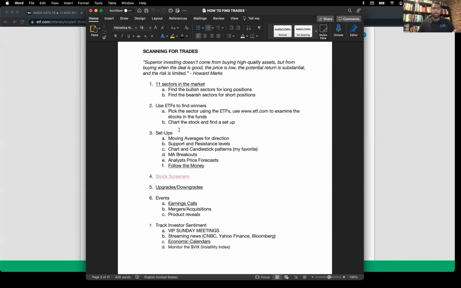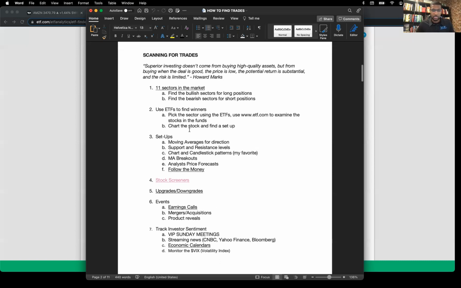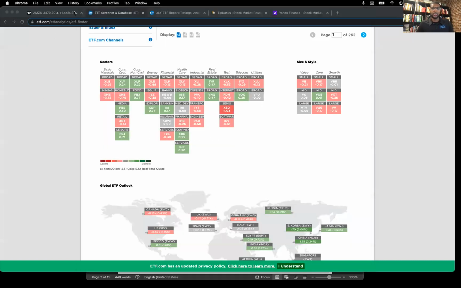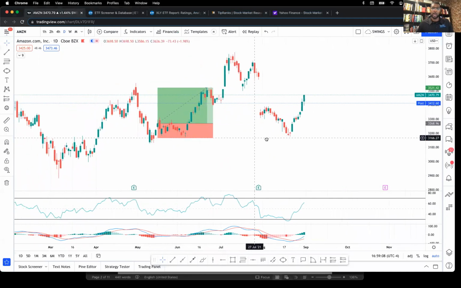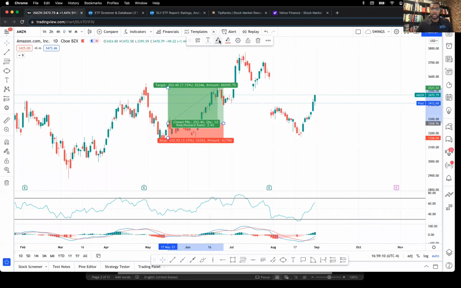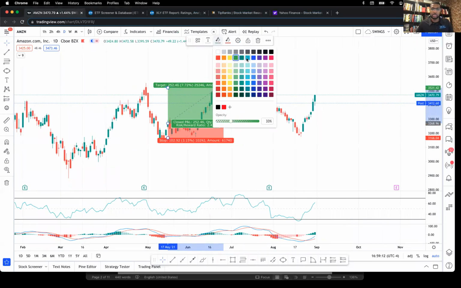And I'm looking for bullish chart pattern setups. If I don't see them, I don't trade anything. That's my way of protecting myself, protecting my money, and making sure that I get the most bang for my buck in this market. So as far as chart patterns, let's see if we can find one on Amazon. All right. So you see this right here, and you know, the last one you saw was blue.